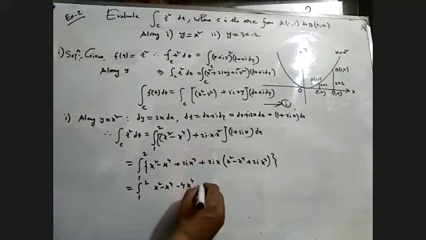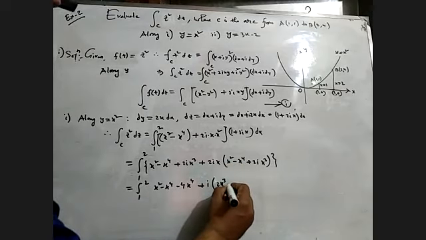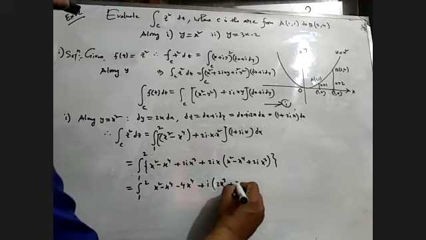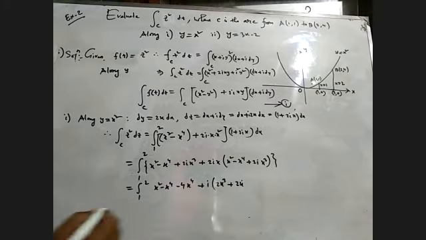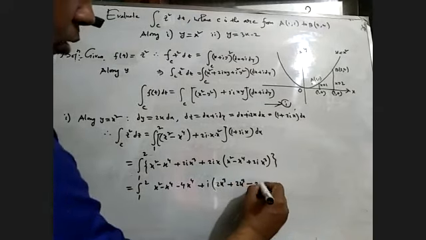Then the imaginary part will be this one: twice x cube, twice x cube, minus twice x to the power 5.